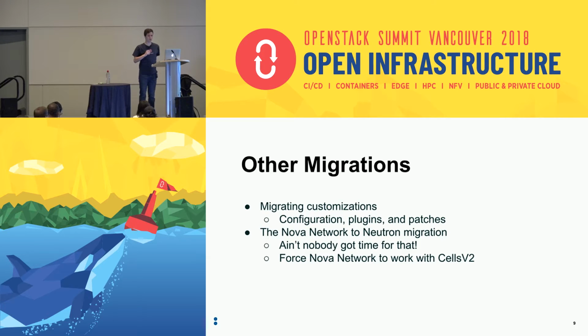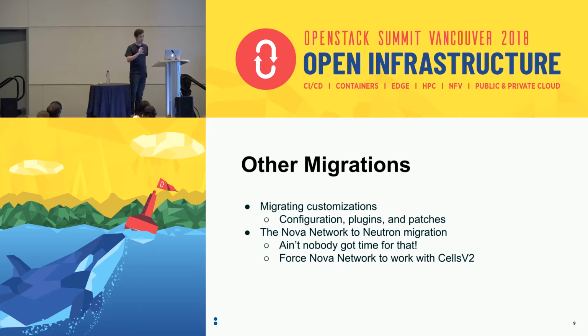Also, if you were on a really old release, like originally we came from Folsom, you're maybe running Nova Network. Now in Ocata, the expectation is that I'm going to be running Cells v2.